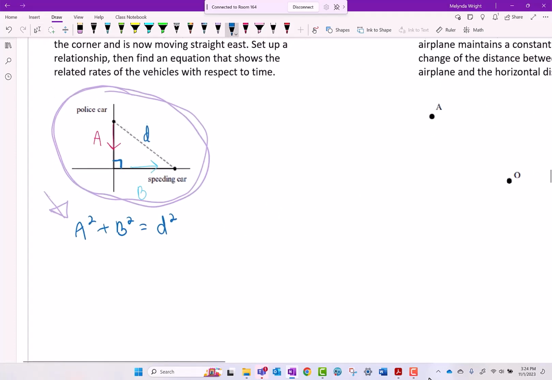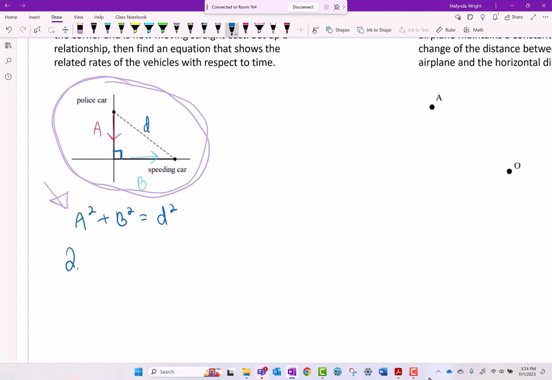So we take the derivative of a squared. That would be 2a, and it would be dA dt. We have to tag it. Like I said, we tag everything. Plus, the derivative of b squared is 2b dB dt. Equals the derivative of d squared is 2d dD dt.